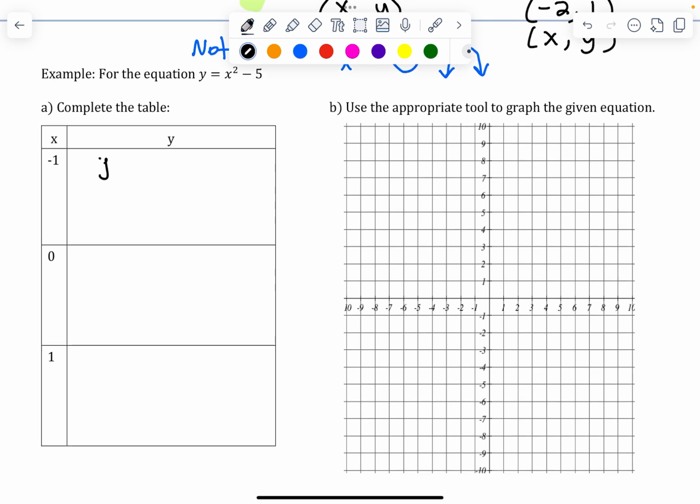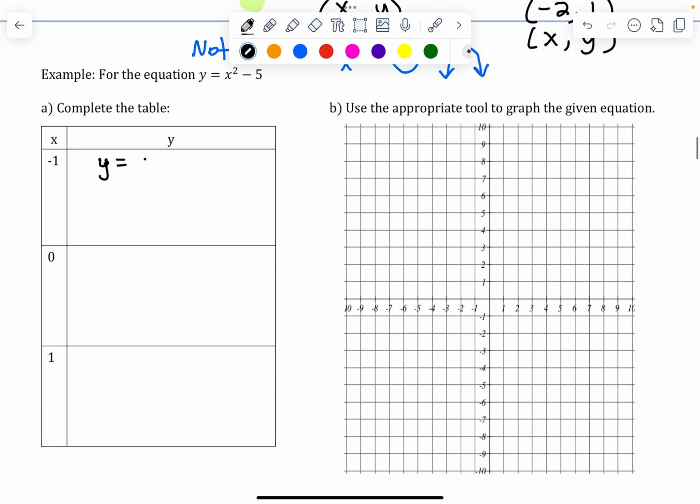So we're going to make the table the same way. We've got y equals x squared minus 5. We're going to take that -1 and plug it in for x, so we get x squared, and we're putting a -1 in where that x was. Now, -1 squared is +1.